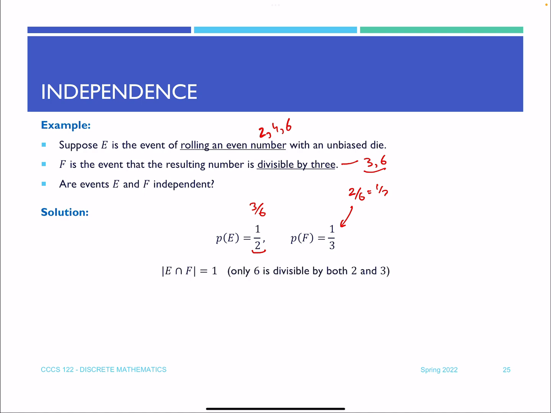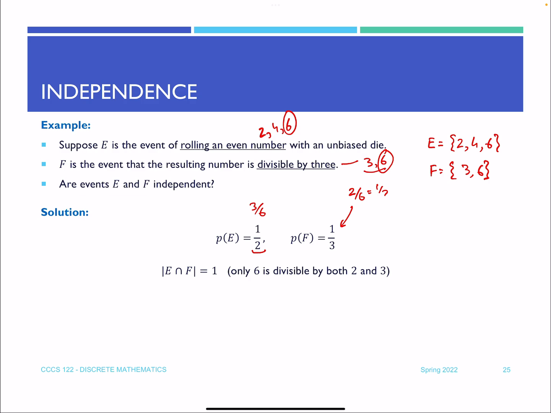The cardinality of the intersection of these two events is 1. Only 6 is found in both. So, in more formal notation, you can just add that over here, and F will contain 3 and 6.